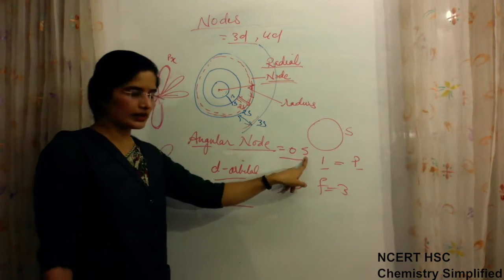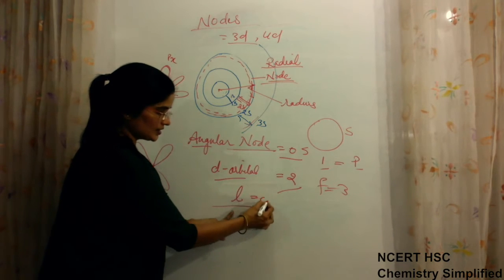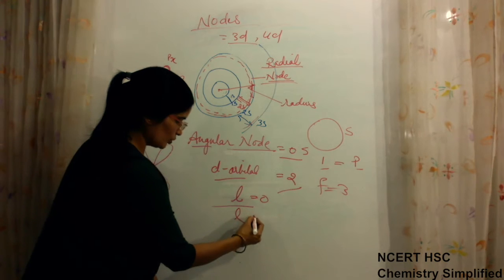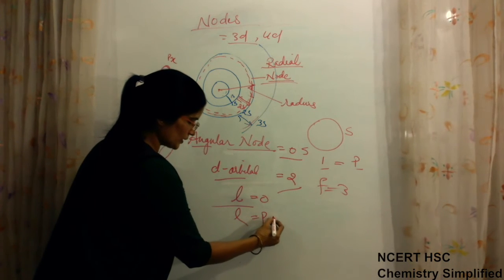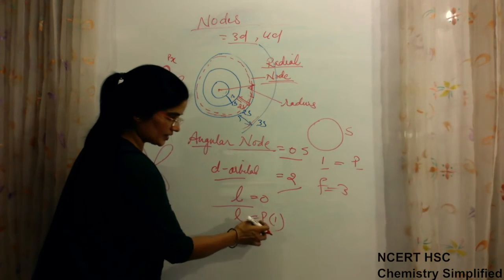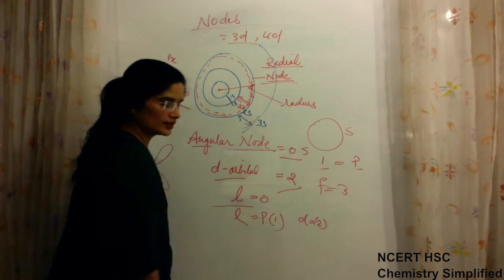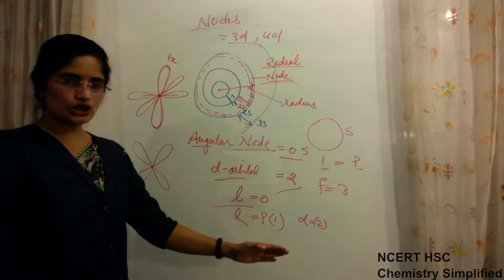For S orbital, the azimuthal quantum number value is 0. For P orbital, we know that the value of azimuthal quantum number assigned is 1. P corresponds to 1, D corresponds to 2, and F corresponds to 3.